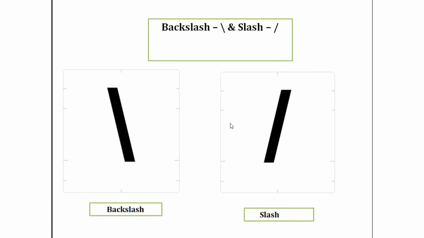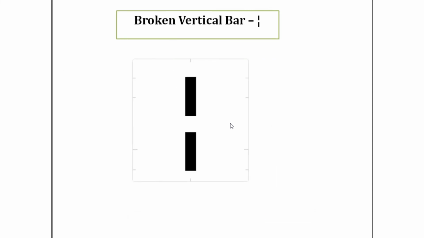Next one is backslash or slash. A slash can show a line break in literature, and a backslash is used to set a difference between any words. Next one is a broken vertical bar.